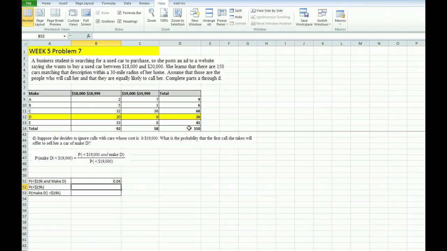And the probability that it is less than 19,000 is going to be, how many ways can it be less than 19,000? And this is the total, and you divide that by the grand total.